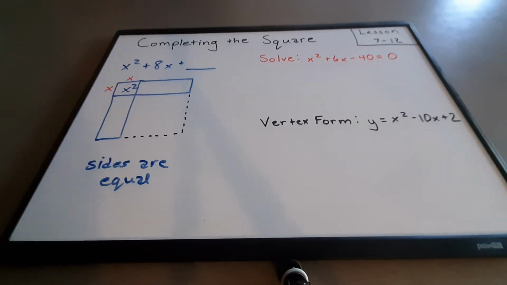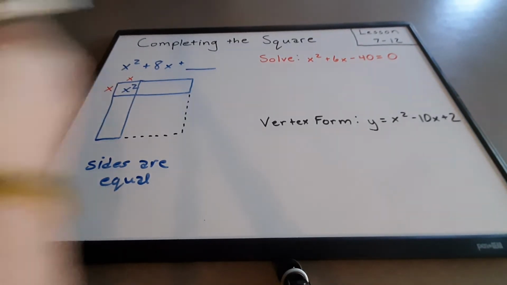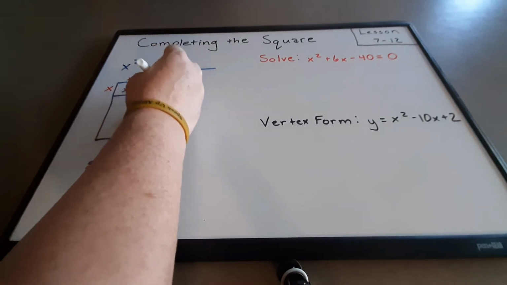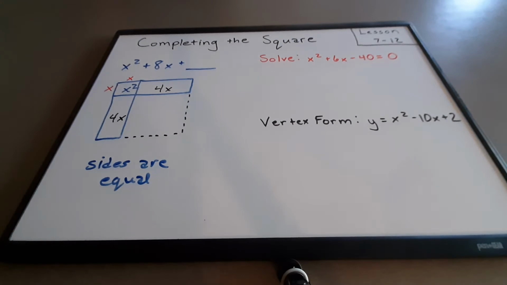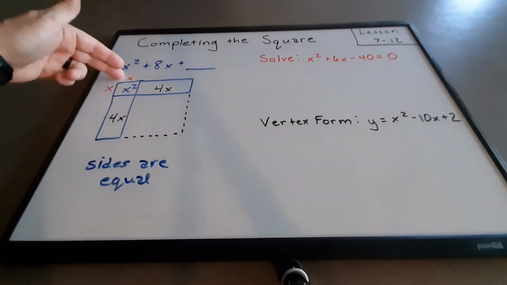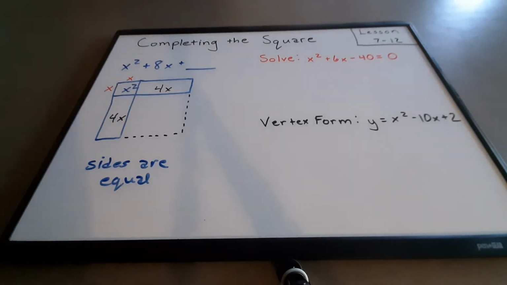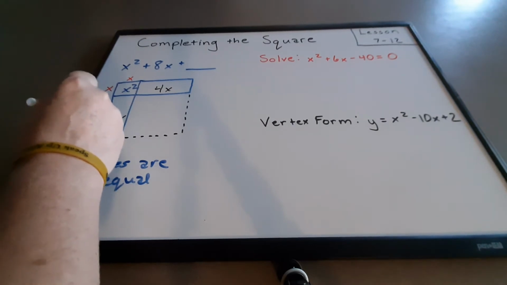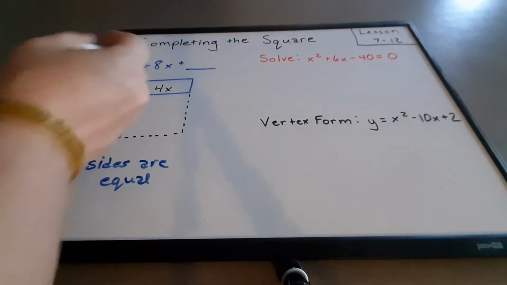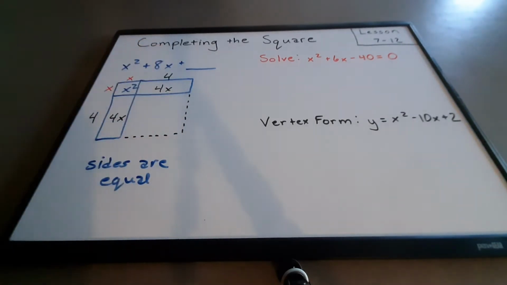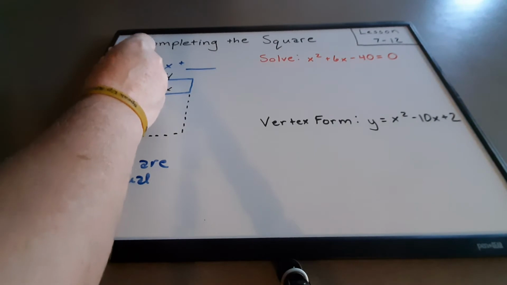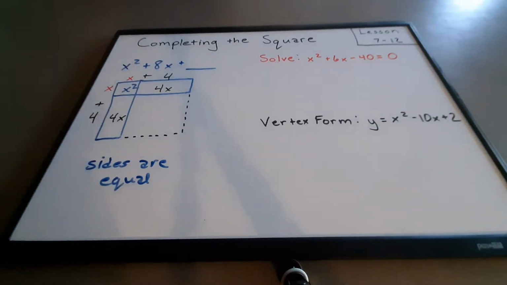So we're going to have 4x in this one and 4x in this one, which means x times something gives us 4x. The only thing that could be is 4. So this has to be 4. So our problem is x plus 4 times x plus 4.